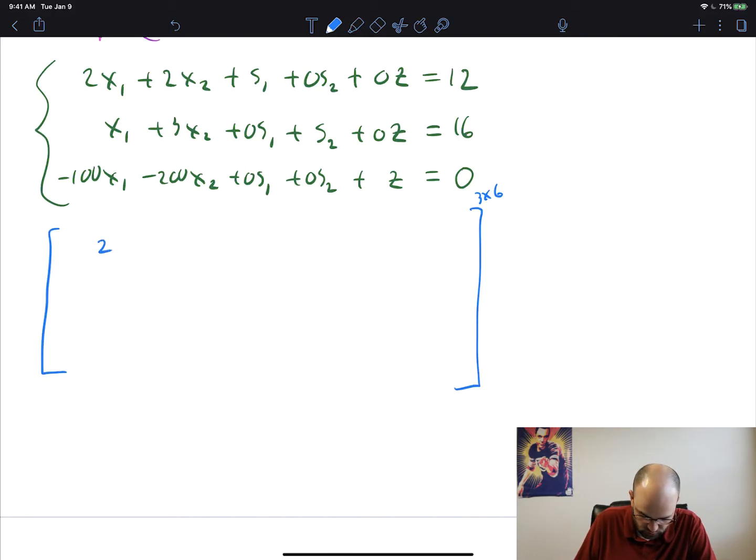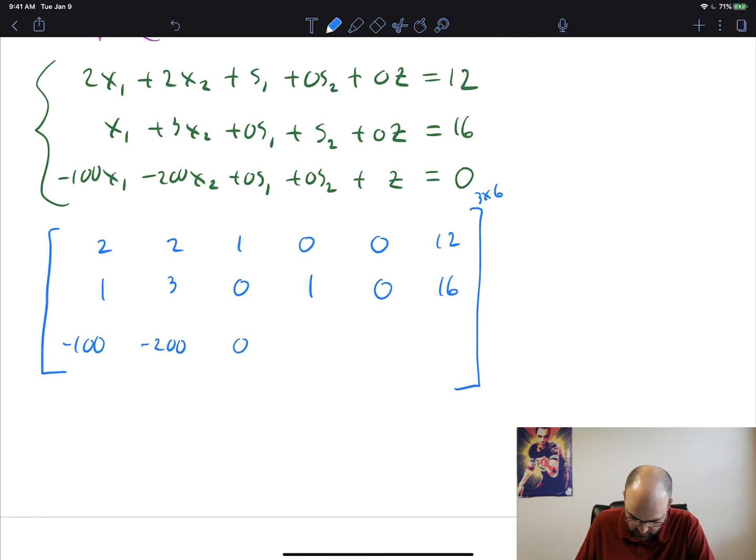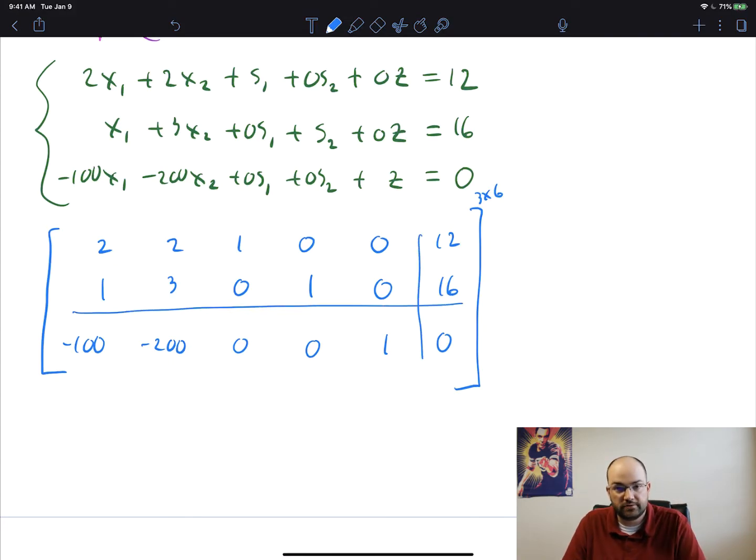It'll be 2, 2, 1, 0, 0, 12, 1, 3, 0, 1, 0, 16, negative 100, negative 200, 0, 0, 1, 0. Good. Awesome. Here's my initial simplex tableau.